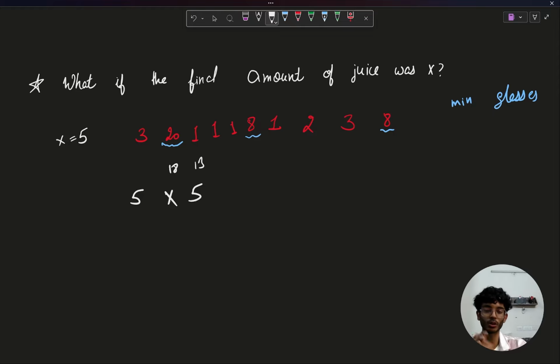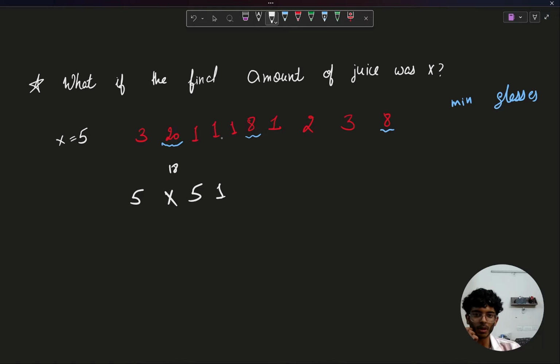But can I still store it and propagate it to my further glasses? To do that, I'll have to remove this glass so that I can send it to the future glasses. But if I do that, then this glass would be removed, which is a really valid glass, right? And we want to remove the minimum number of glasses, so it's better to not remove this glass. And the amount of juice which we can send to the future is 0, right?